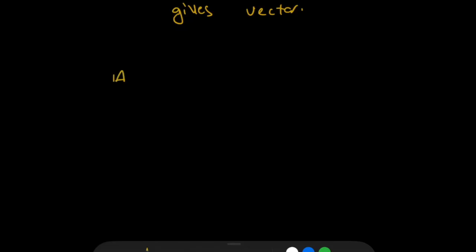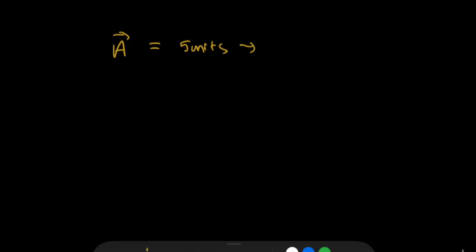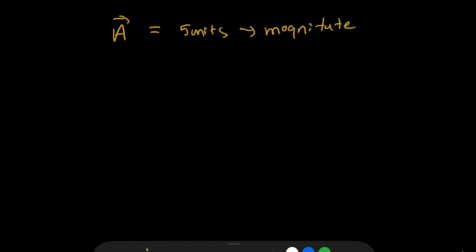This is vector A, let's say 5 units, and also we can calculate the magnitude of this vector. So this shows you the magnitude.